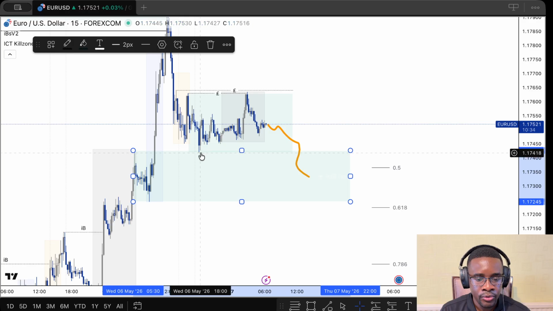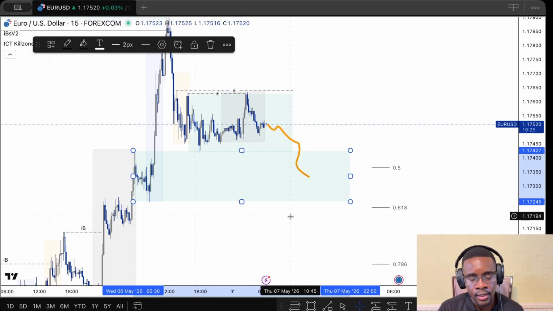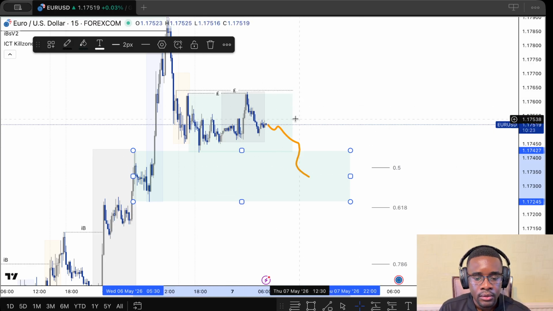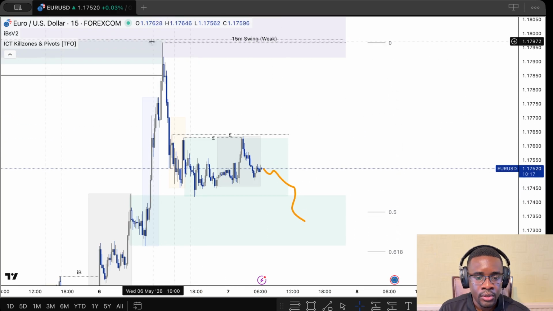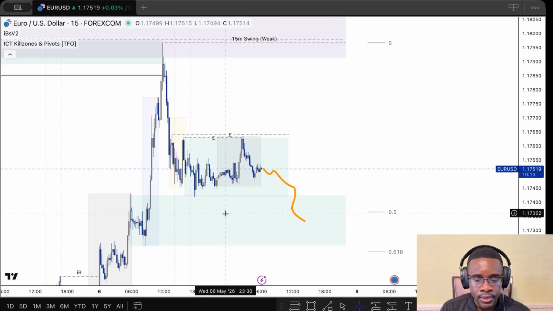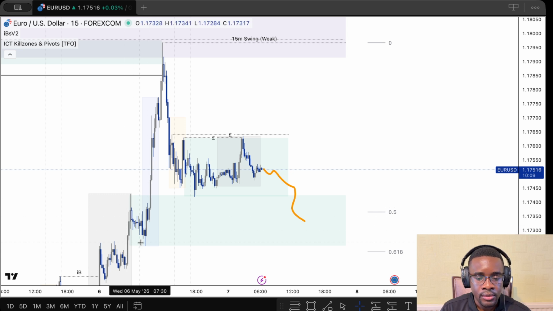So here price has already mitigated this demand and then gone on to make a higher high. So this is a weak high. Okay, price didn't quite mitigate into 50%, but it has mitigated the decisional.